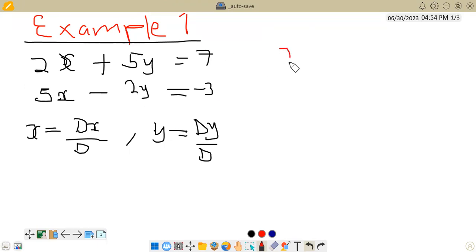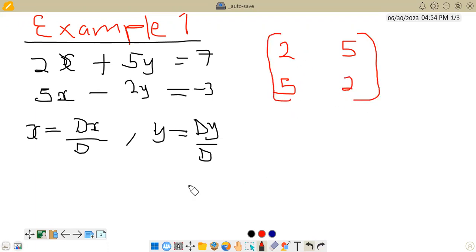So it will be 2, then 5, then 5, 2. So this is our matrix.